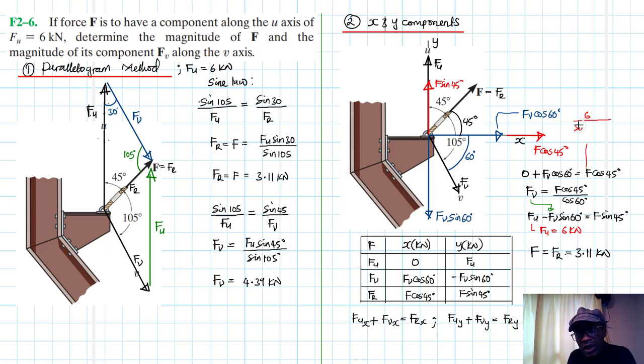So this is cos 45 divided by cos 60, then times sine 60 plus sine 45.